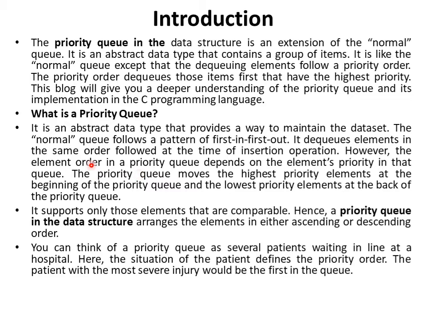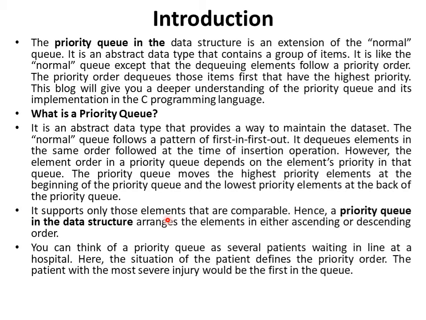However, the order of elements in a priority queue depends on the element's priority in the queue. The priority queue moves the highest priority element to the beginning of the priority queue. That means the element which has been given the priority is moved to the beginning of the queue, and the lowest priority elements at the back of the priority queue, or we can say at the rear end.